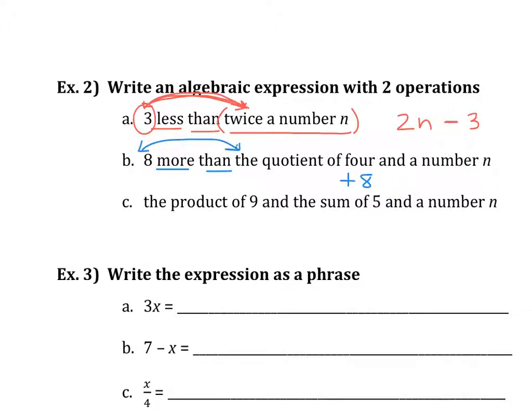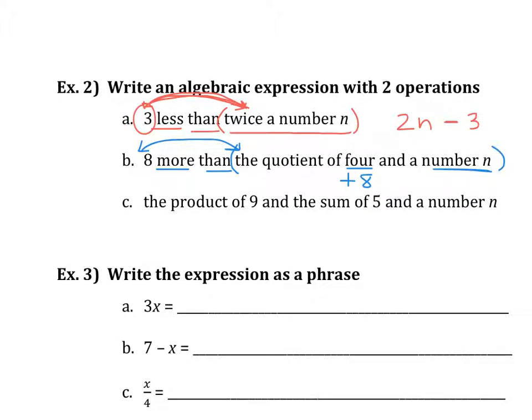And then this part, the quotient of 4 and a number n. So the quotient of 4 and n. How would you write that? What's quotient? Division. Okay, so if it's 4 and n, those are going to go in the order you got them, because it's not more than or less than in that little piece of it.